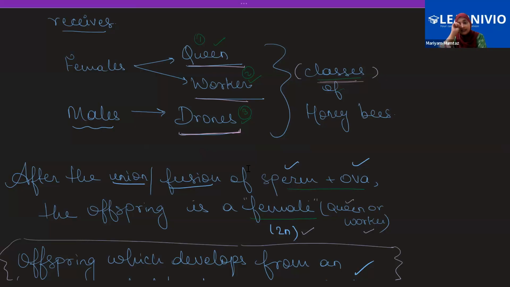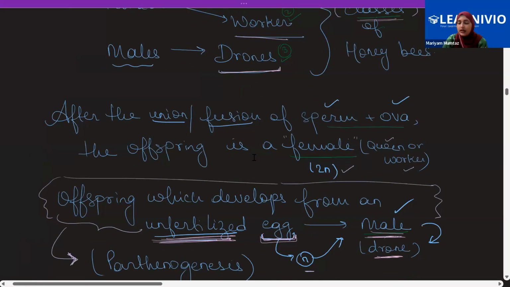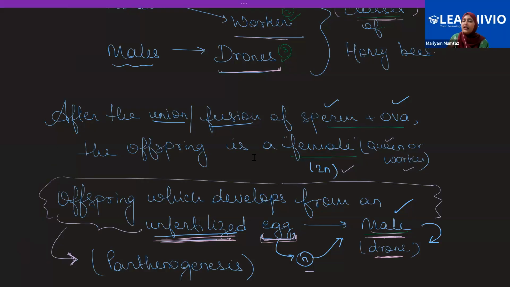Now, once the male gamete fuses with the egg, in the case of the honeybees, the offspring is naturally a female. Okay, now this female can become a queen or a worker depending upon the diet that they have. But genetically, they are purely female.